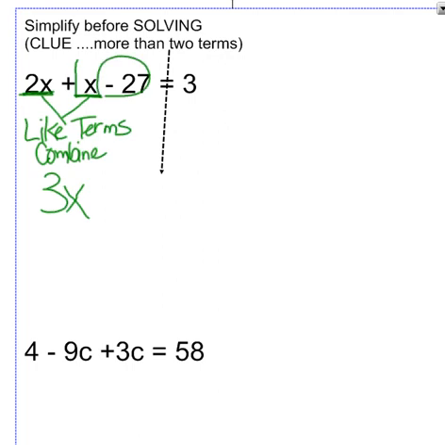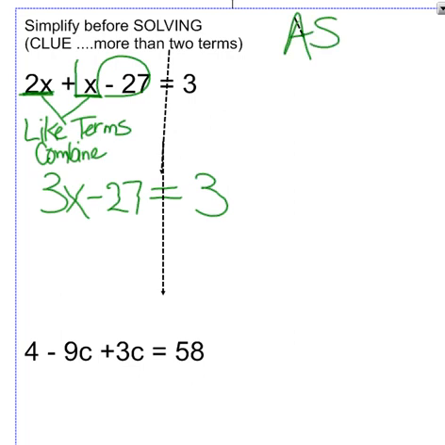Minus 27 is a constant term, and I can't do anything to combine it with anything else because there are no other constants, terms without variables. So I just rewrite my equation. I've combined my like terms, and now I'm ready to add or subtract.